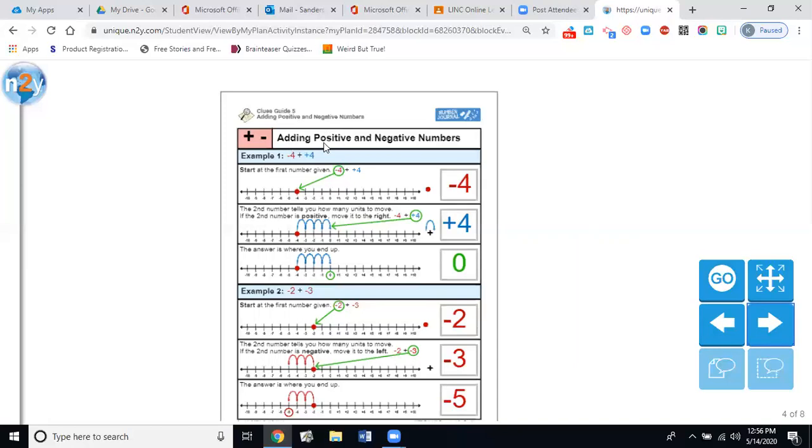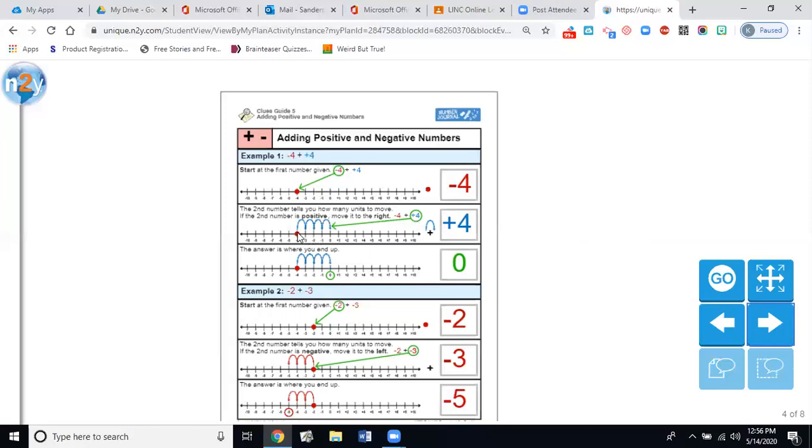Okay, so adding positive and negative numbers. Here's our first example, -4 plus +4. We're going to start at the first number given, which is -4. That's our starting point. So here we are. The second number tells you how many units to move. If the second number is positive, move to the right. Our second number is positive. It's +4.